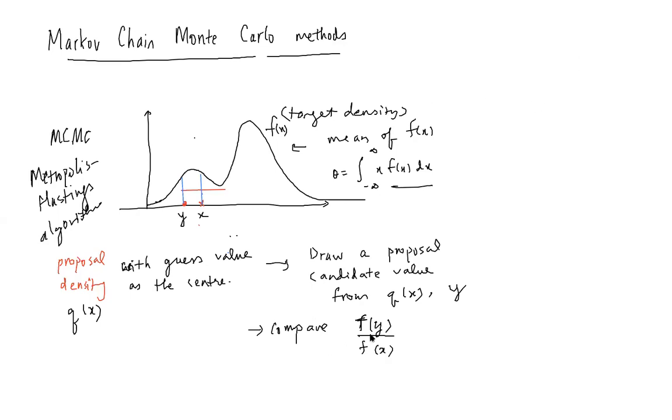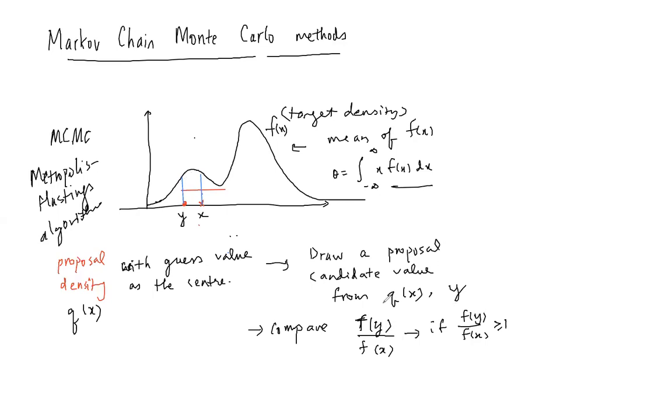All right. And then if this ratio is larger than or equal to 1, it means that the height here, you can think of it as some kind of instantaneous probability, right?